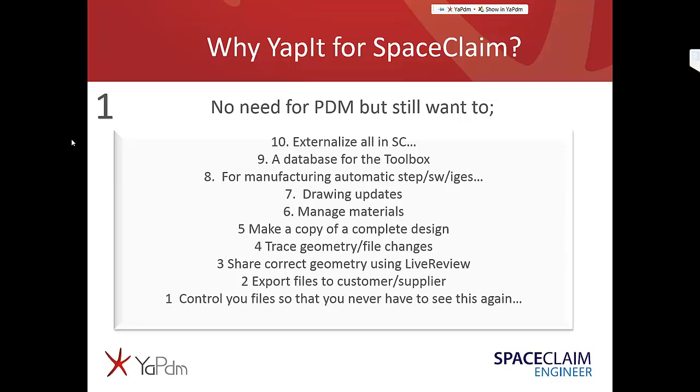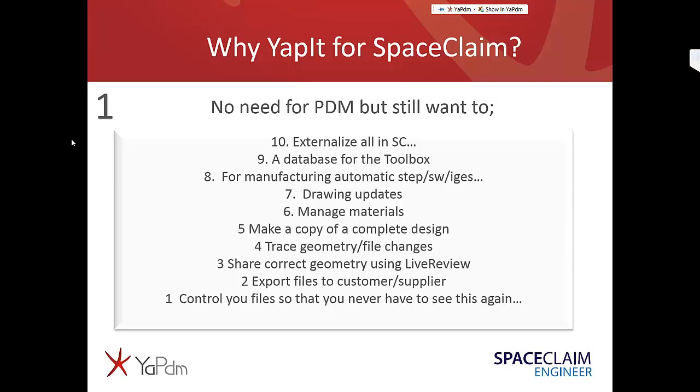If you use Live Review, using YaPdm does not have any impact on that. You can just open any model, any data with the right permissions from Yap, and use Live Review straight from it. Live Review doesn't move any files anywhere or any references, so it's all compatible with Yap and this quick package as well.